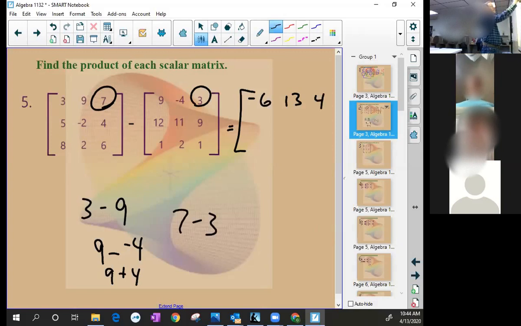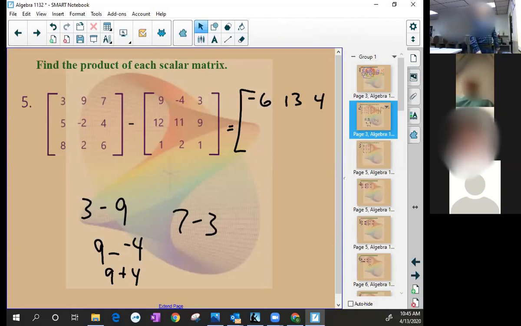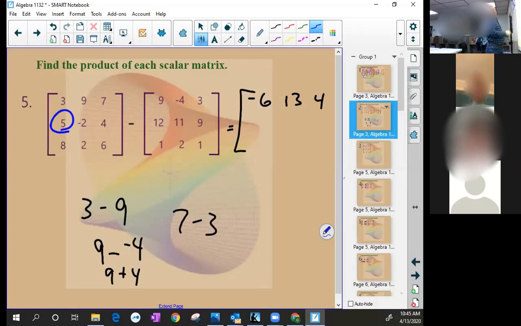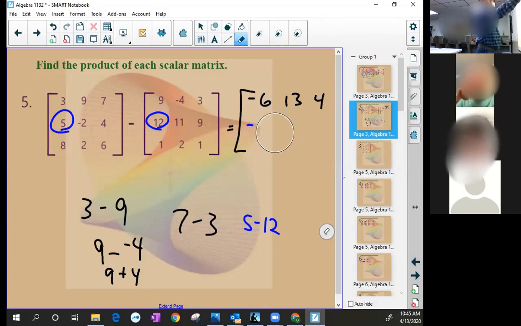I have subtracted each element from the first row with its corresponding element in the first row of the second matrix. So now we're going to do the second row. 5 minus 12. So that's going to give me a negative 5, or I'm sorry, negative 7.